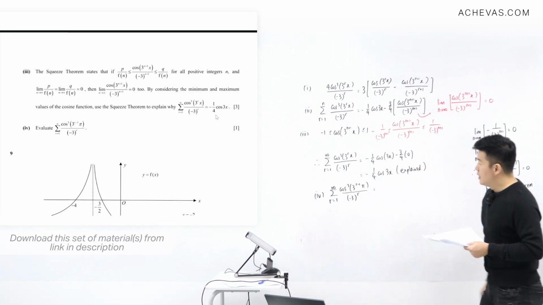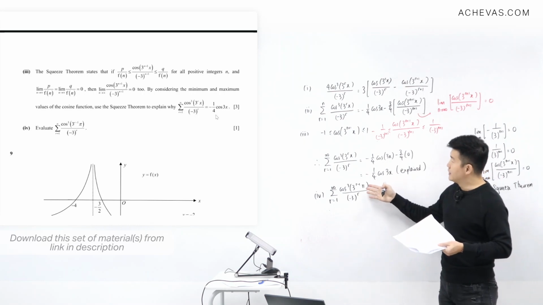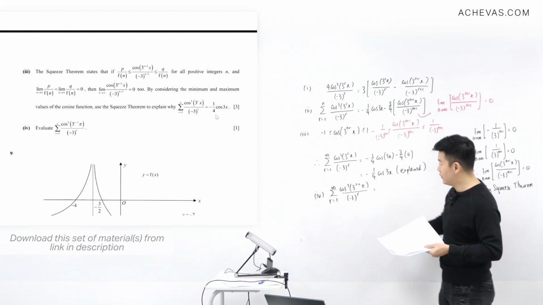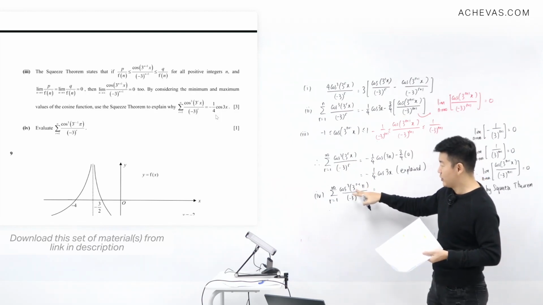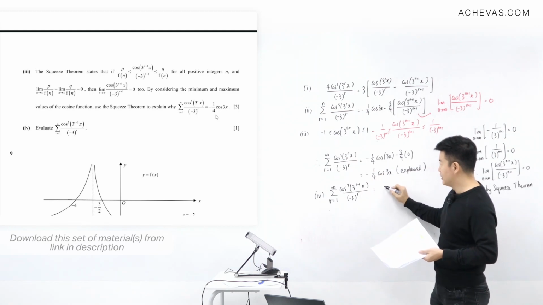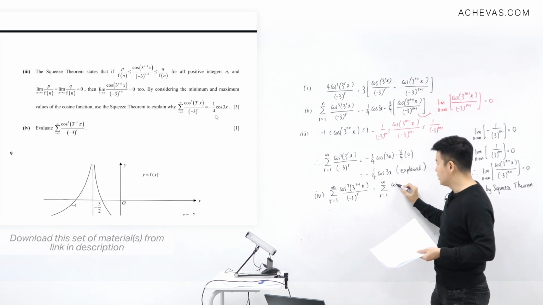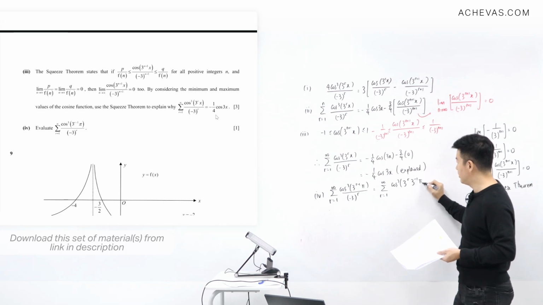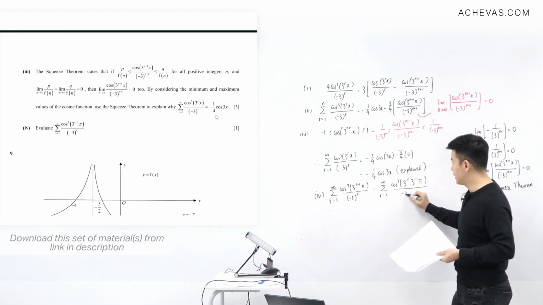So we need to see how this is related to the previous part. If this were related to the part over here, this should be 3 to the power of r, so x is probably going to be replaced by something. I'm going to rewrite this as 3 to the power of r, 3 to the power of minus 1 pi, divided by negative 3 to the power of r.